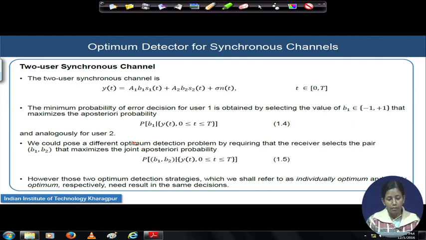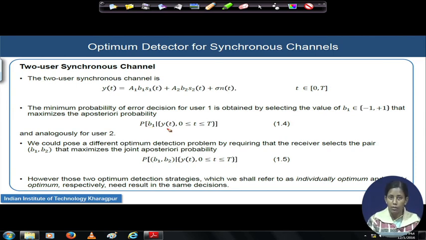But remember, this is individually what we call the minimum error probability approach. But there is another approach where we do not look into B1 only or B2 only, rather we prefer to go ahead with a joint a posteriori probability.